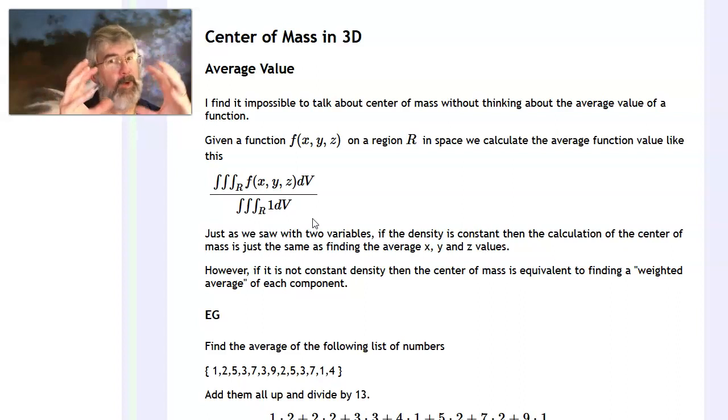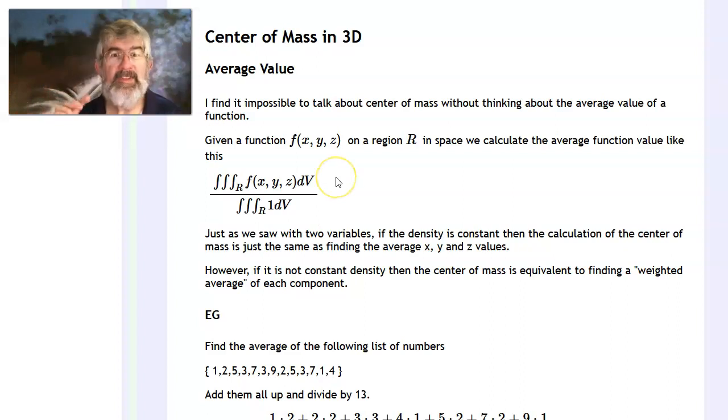And that triple integral of 1 is the volume of that region. So finding the average value is integrating the function and then dividing by the length, the area, or the volume of the thing that you're integrating over, depending on how many dimensions you happen to be in.